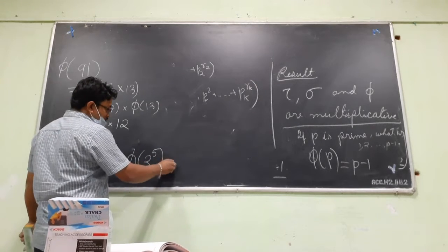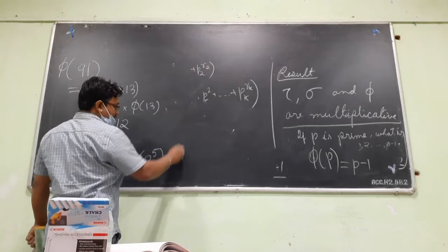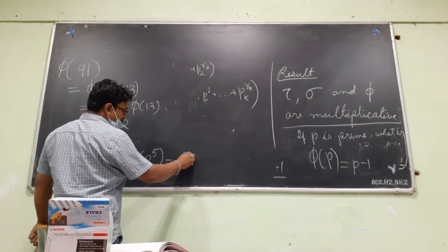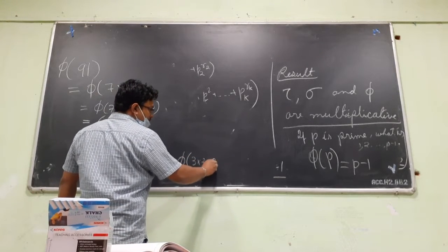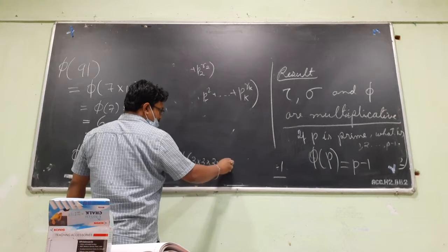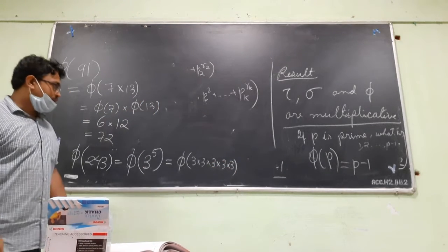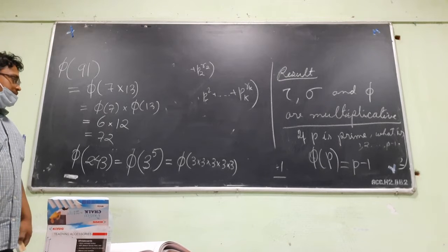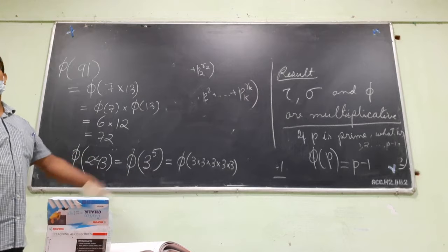So here you see it's 3 into 3 into 3 into 3 into 3. Now can I separate? GCD, what is the GCD?